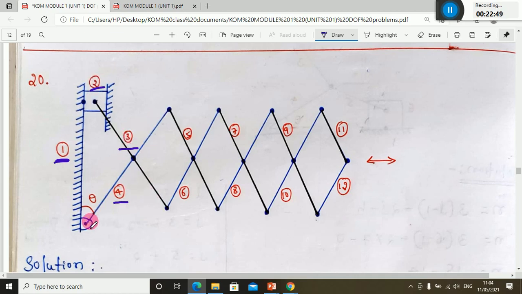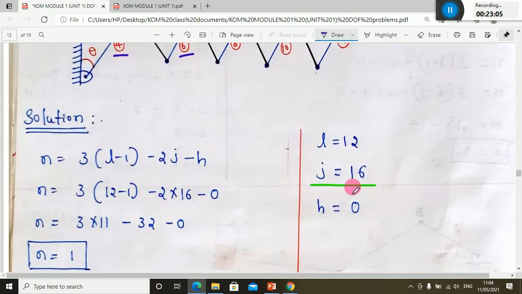This is the fourth. To this fourth link there is one more link attached, a single one, the fifth. Again to the third kinematic link there is one more link attached, the sixth. This is the 7th, 8th, 9th, 10th, 11, and 12. Total number of kinematic links is 12.